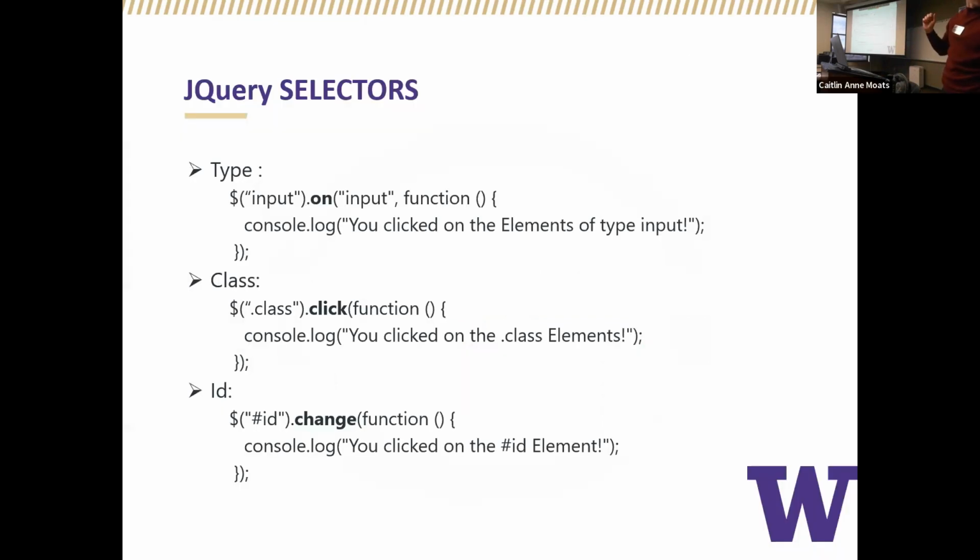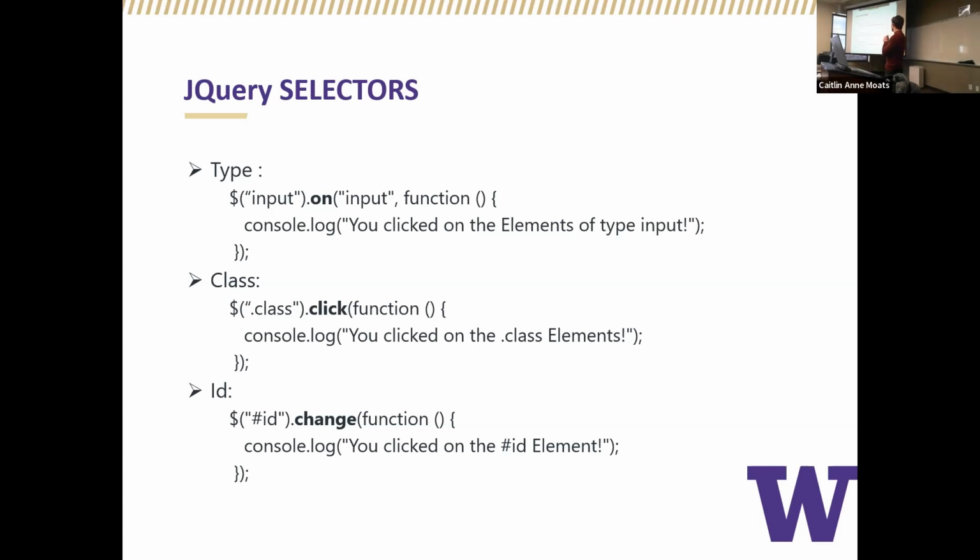And yes, okay. So there are 3 main types of selectors that we are going to discuss today, which are usually good enough for the majority of things that you want to work with. First is a type, or what kind of tag, to specify the tag basically.